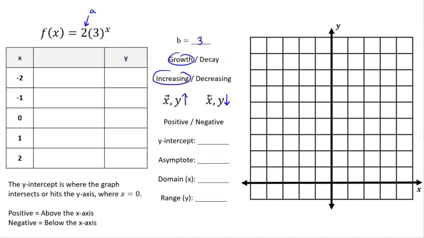These are things that we can already tell, and then from here, I know that my y-intercept, when I plug in 0 here, that's going to be 3 to the 0, which is 1, I'm just going to be left with 2 times 1. So that's going to give me 0 and 2. And so that one's kind of easy to guess. And then let's go ahead and fill out our table and get this graphed.